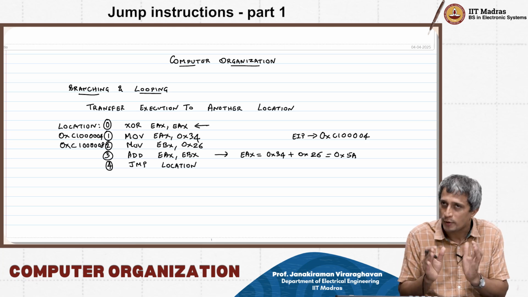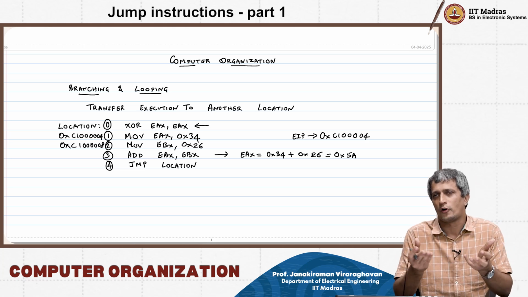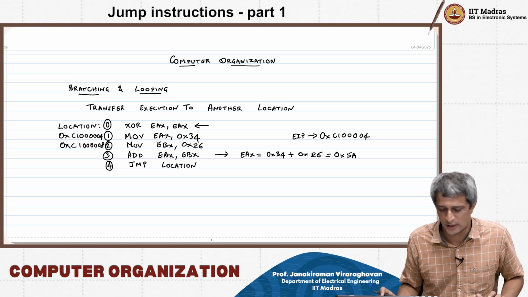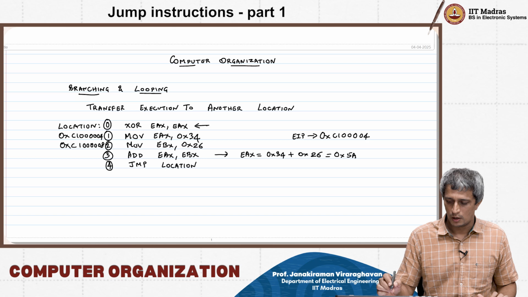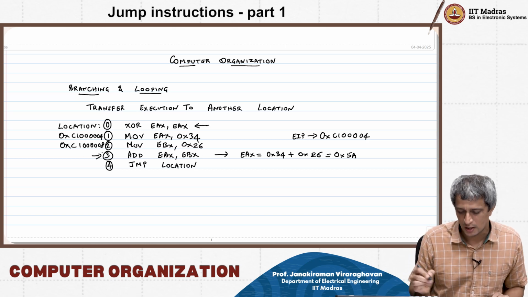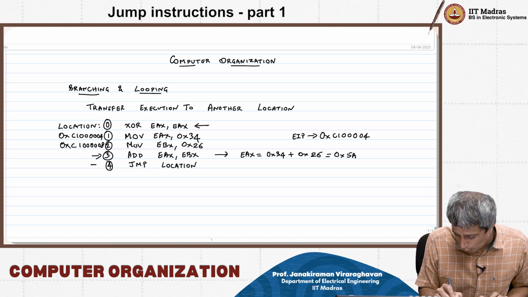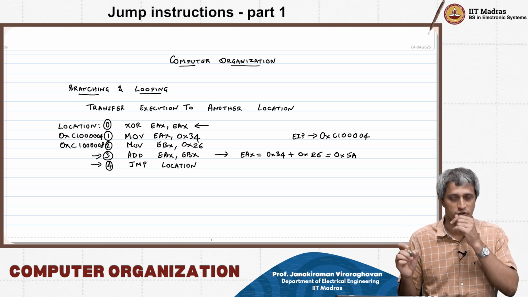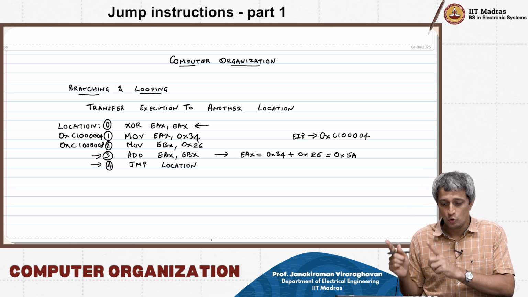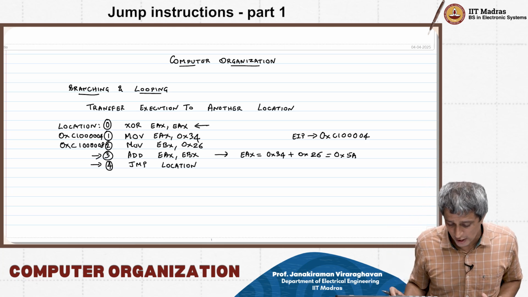Okay, this may not be true in x86, but for the sake of simplicity, I'm assuming everything just occupies 4 bytes here. So at this point, when you have executed instruction 3, your EIP will be pointing to this particular instruction. Now what is that? That is simply saying jump to the location. What is the location?